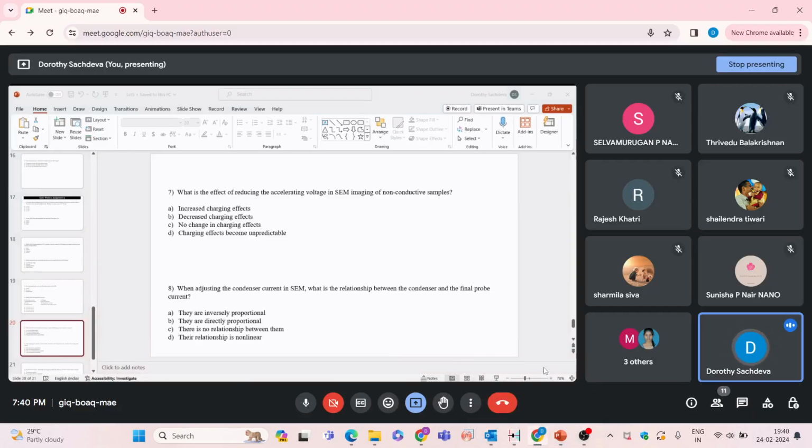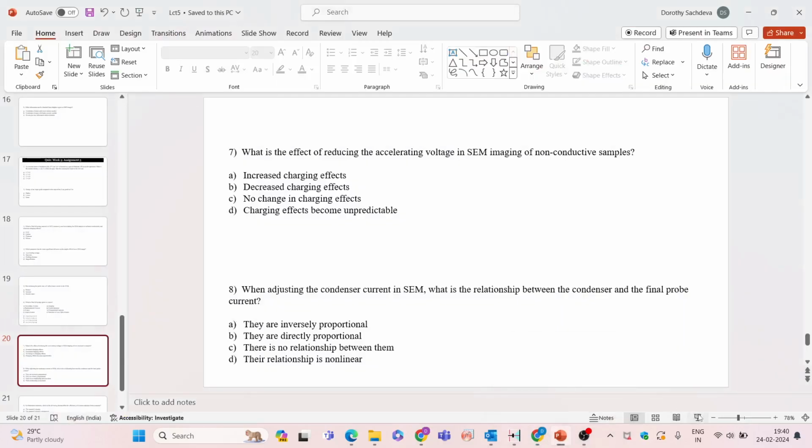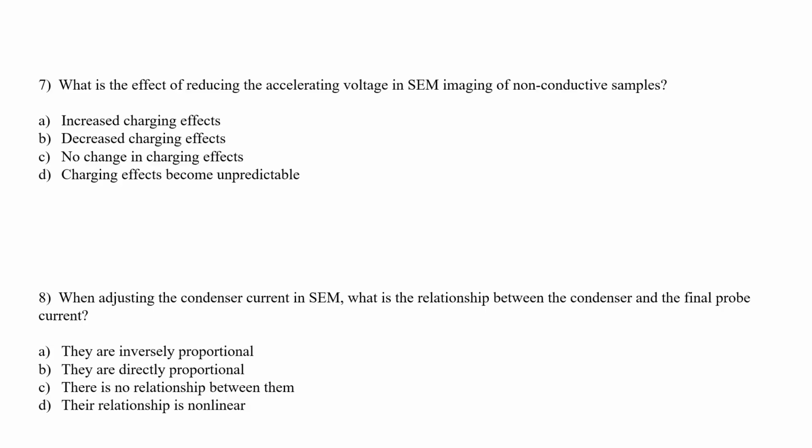Has someone answered? No. Okay, let me explain. Option B, that is decreasing charge effects. Yes, he is correct, because if you are reducing the accelerating voltage, less current is coming into the specimen. As a result, there will be less charging.